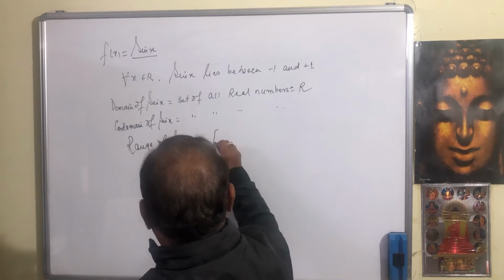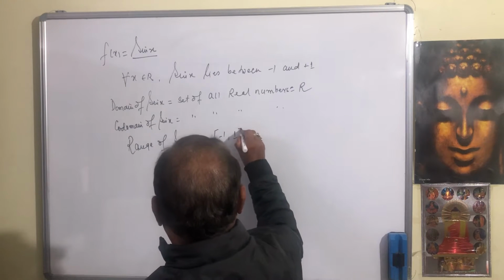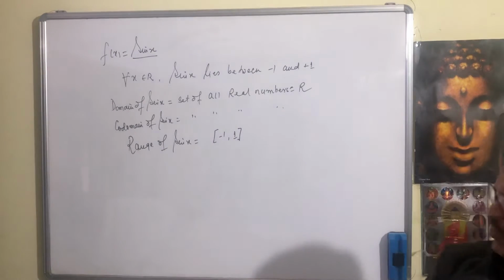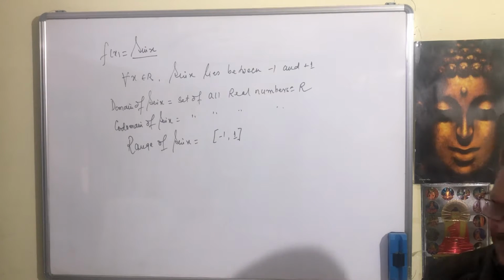This is [-1, +1]. This is the range of sin x. That means the value of sin x lies between -1 and +1 for all values of x.